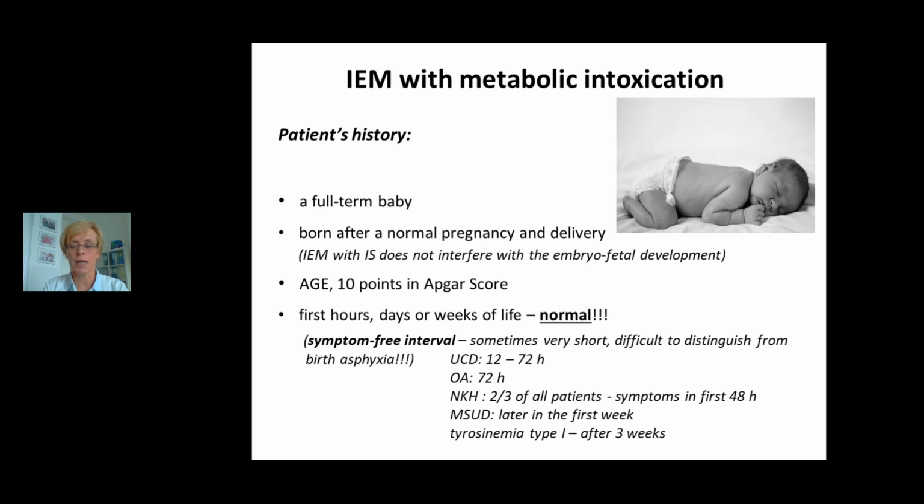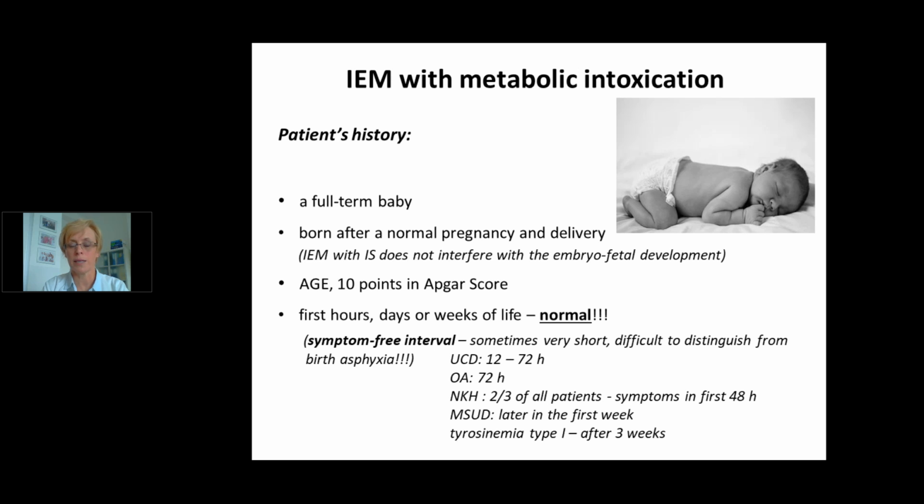Because the child simply needs some more time to accumulate these toxic compounds which are not properly metabolized due to the enzymatic block. It depends on the quality and the kind of this toxin. The more toxic they are, the shorter this symptom-free interval will be.